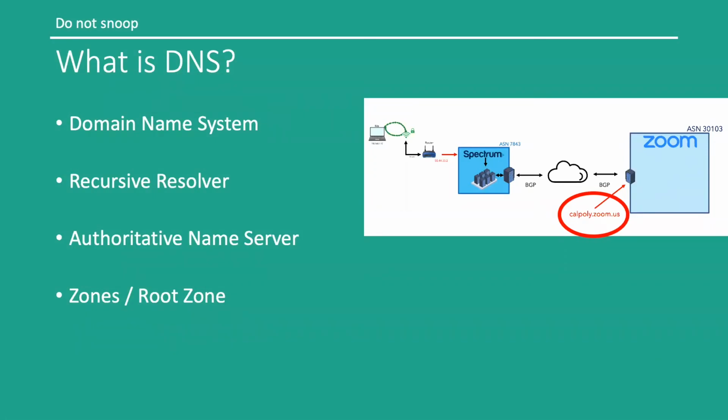And then zoom.us is part of the root zone for its top level domain, or TLD. The TLD for zoom.us would be .us, and those are owned by ICANN, the Internet Corporation for Assigned Names and Numbers, who basically determines when new top level domains such as .ninja or .xyz or whatever become available on the internet. And they're in charge of that pretty much.